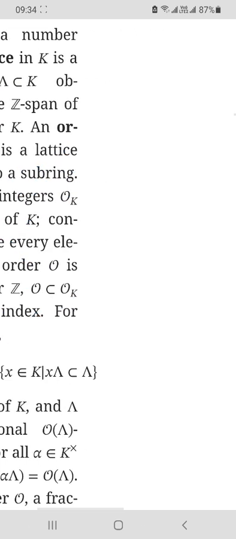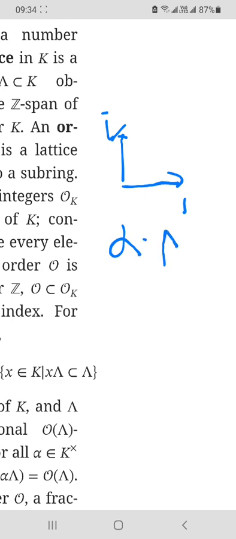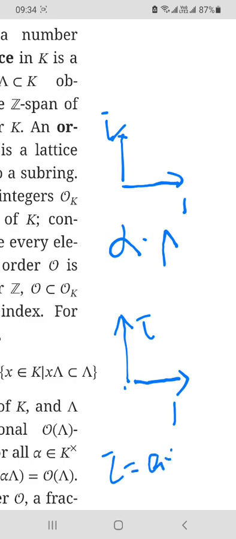If we have alpha belonging to K cross, then alpha times lambda will rotate the lambda. For example, 1 and I are two bases, and we use alpha times lambda. It becomes a different rotation, for example 1 and tau, where tau is A plus BI.